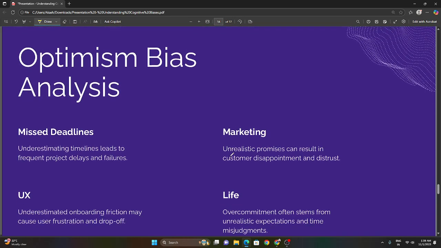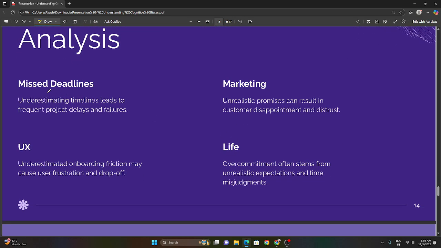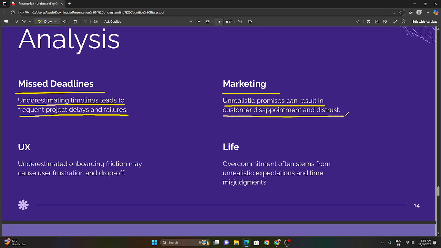So the analysis here is missed deadlines. Underestimating timelines leads to frequent project delays and failures. Marketing: unrealistic promises can result in customer disappointment and distrust.